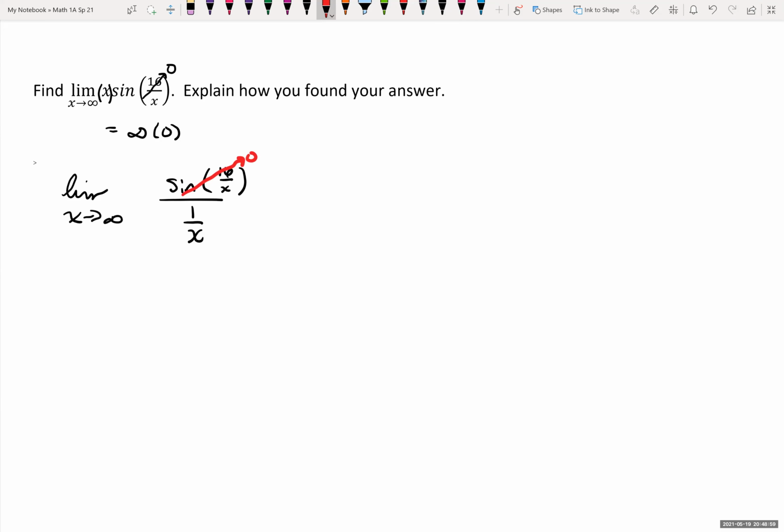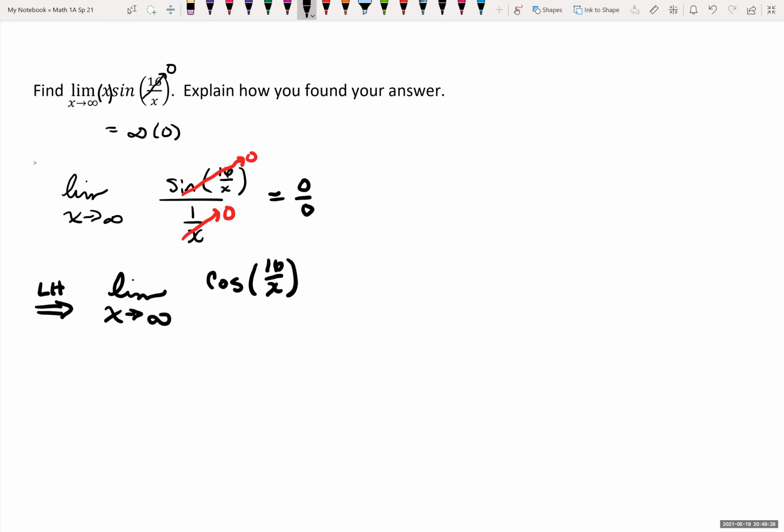And 1 over infinity also goes to 0. So we have that 0 over 0, an indeterminate form. So now we can use our L'Hopital's, and that's in the form that we can use it. Taking the derivative of the numerator, the derivative of sine of 16 over x: derivative of sine is positive cosine of the inside, 16 over x, times the derivative of 16 over x.